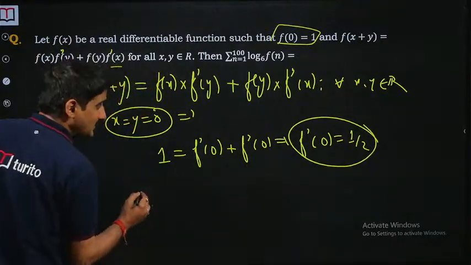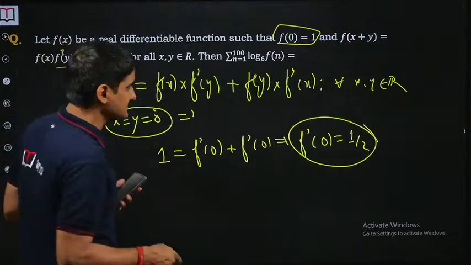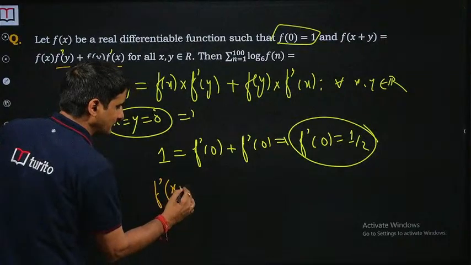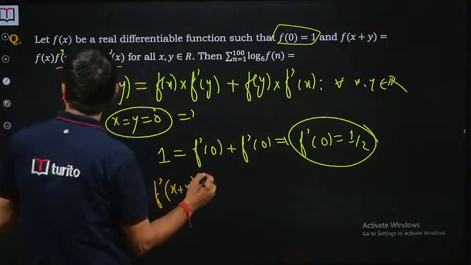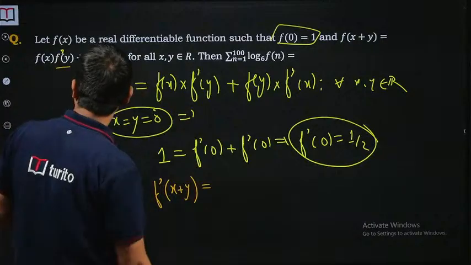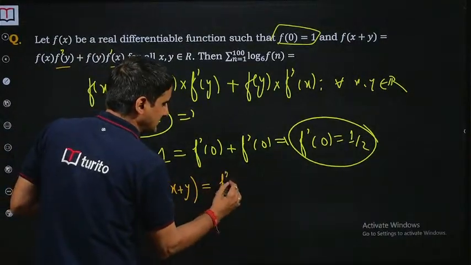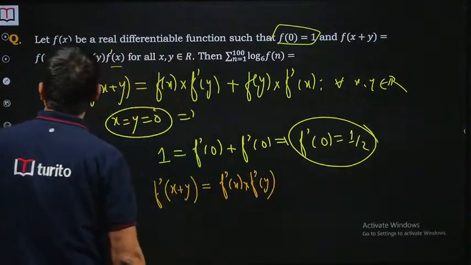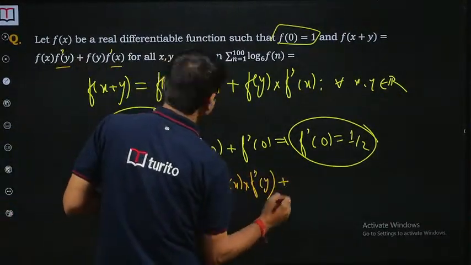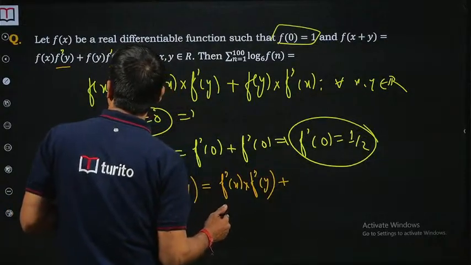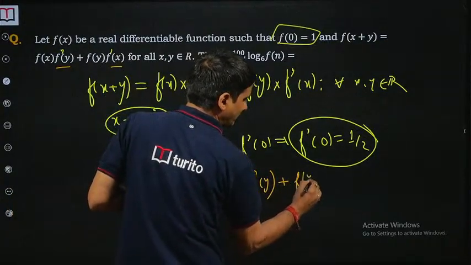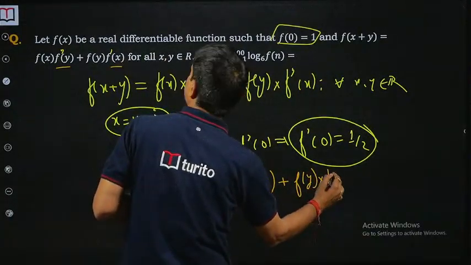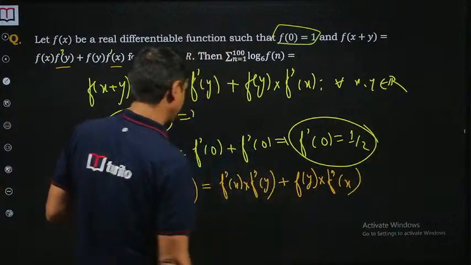Okay, so what will that be? If I differentiate with respect to x, keeping y as a constant, it will be f dash of (x plus y) is equal to, keeping y as a constant, f dash x into f dash y, bacho, isn't that? And then plus, keeping f of y into f dash x.